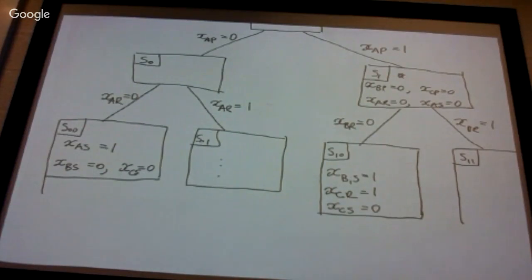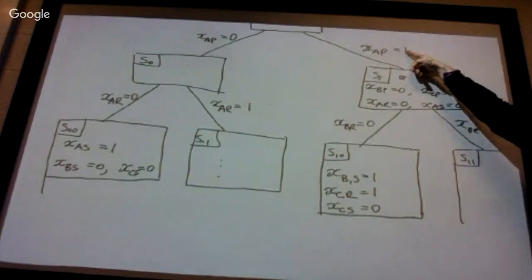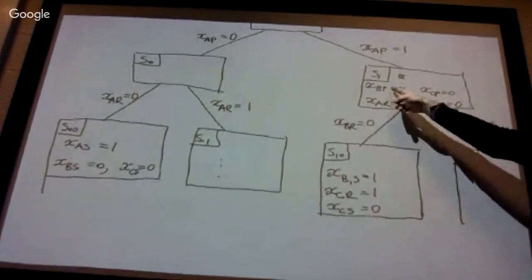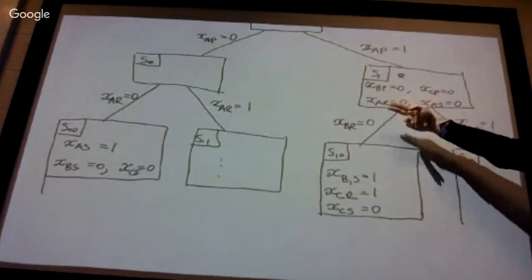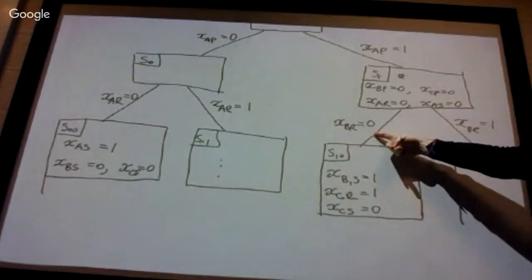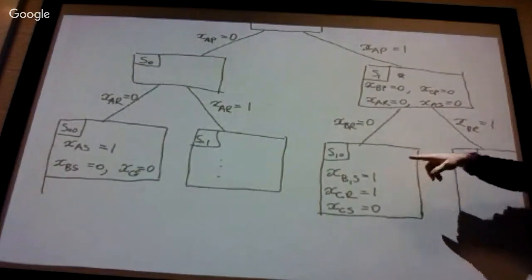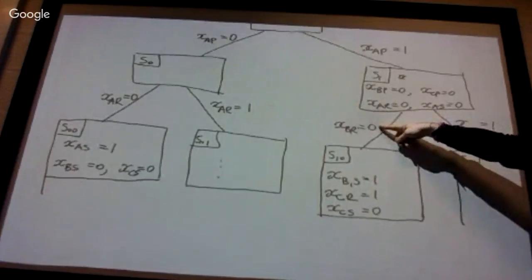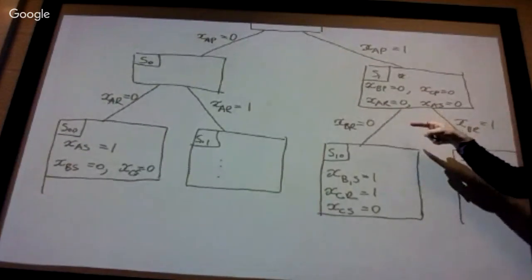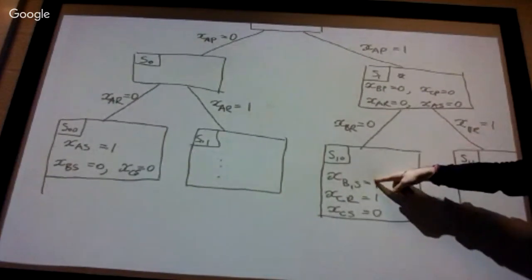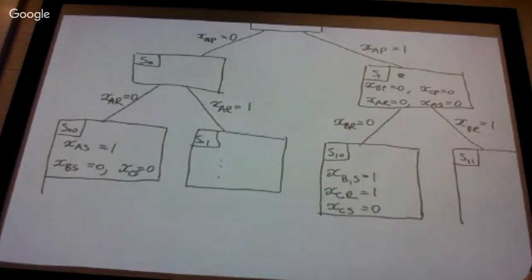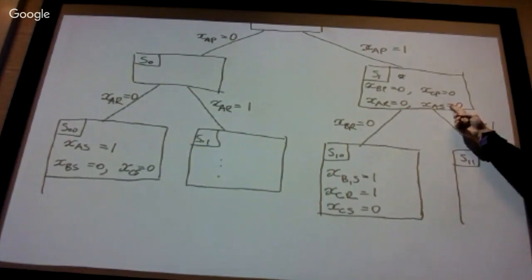So if we fix XAP equals 1, that forces these values of 0 to all those 4 variables. And if we then decide that XBR is 0, well, XBP is 0, XBR is 0. One of the XBsomethings has to be a 1, so it needs to be XBS is 1. And XAS is 0, XBS is 1.